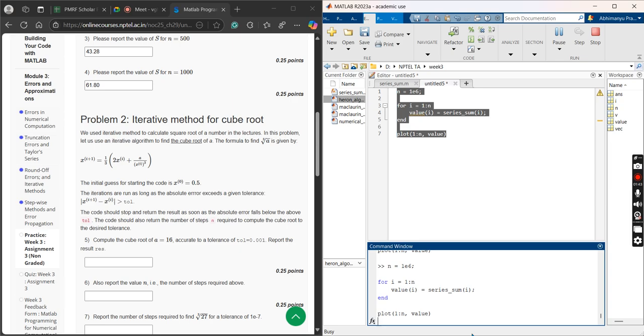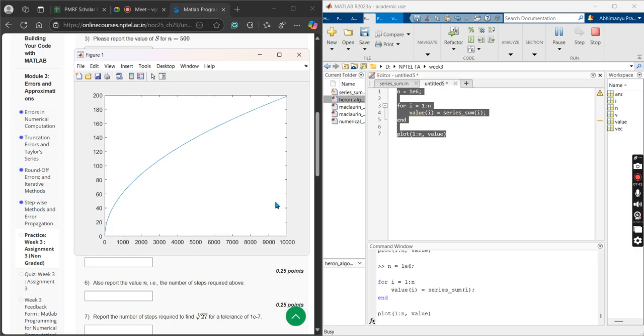I don't know why this is taking so much time. For 10,000 it ran fine.